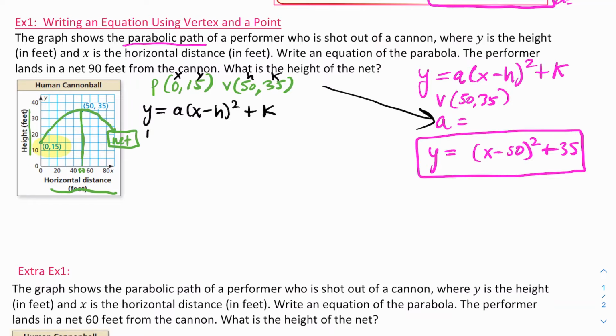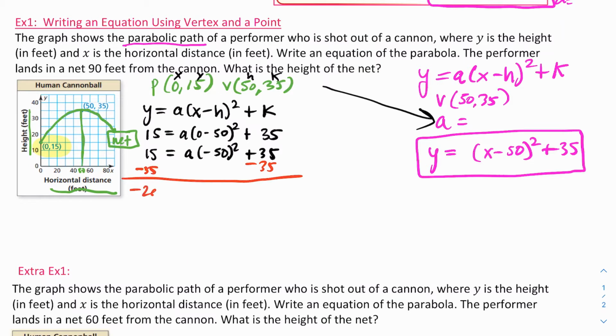So we have 15 is equal to a times 0 minus 50 squared plus 35. So we're filling in those values. We're going to solve this. Don't forget you have to use order of operations. I'm going to subtract 35.